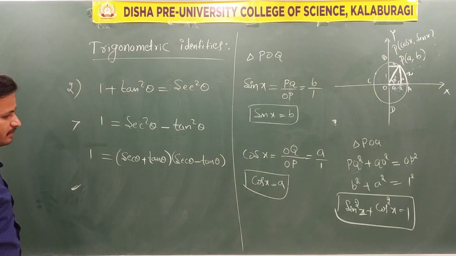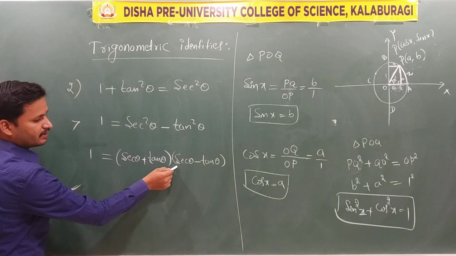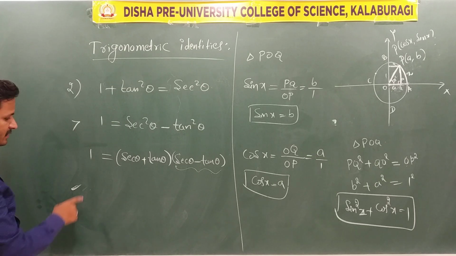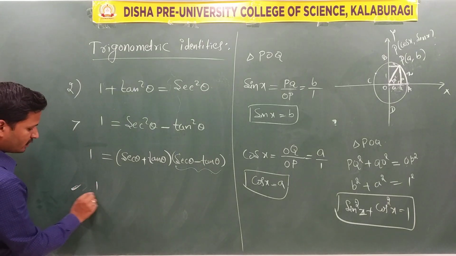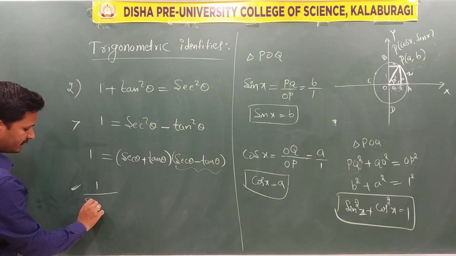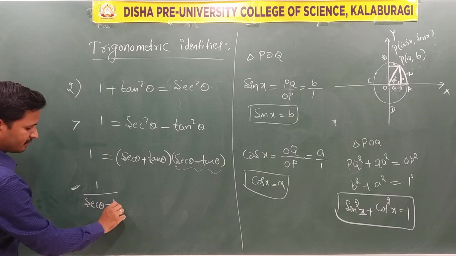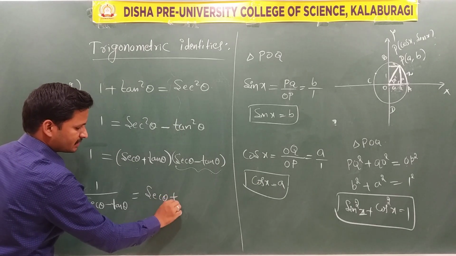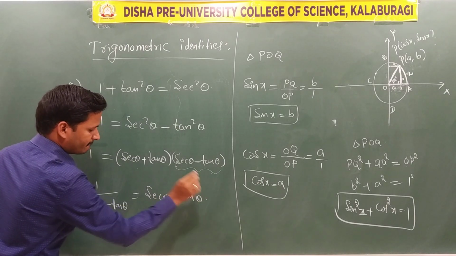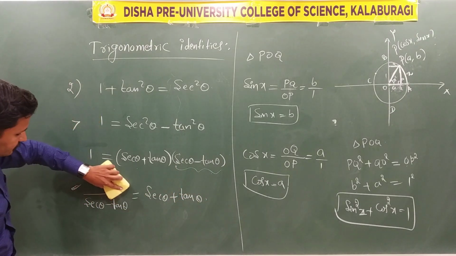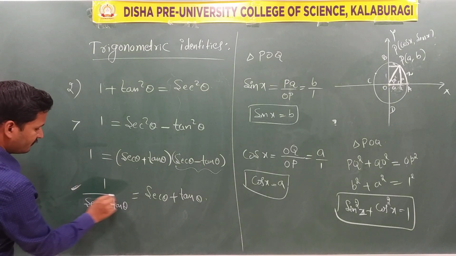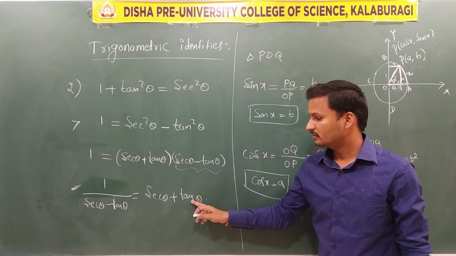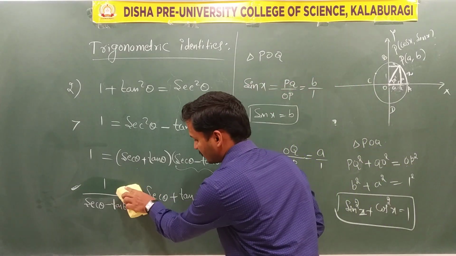The next step is I will take this secant theta minus tan theta to this side. So 1 divided by secant theta minus tan theta is equal to secant theta plus tan theta. Very important, this one.